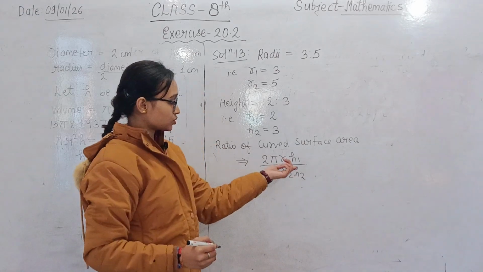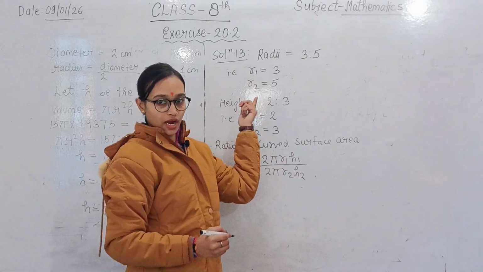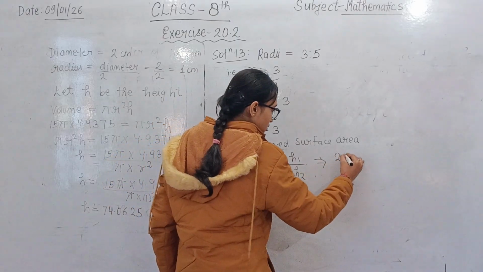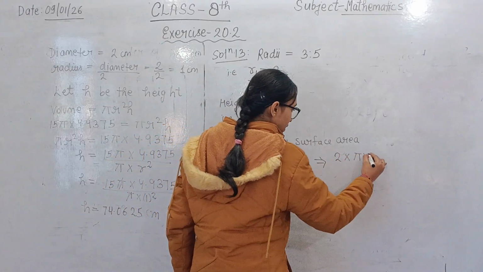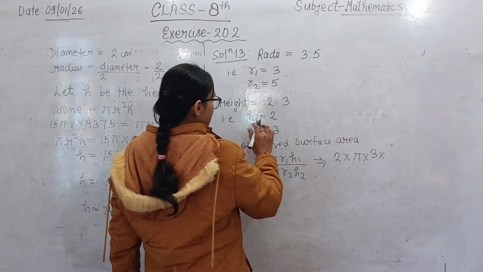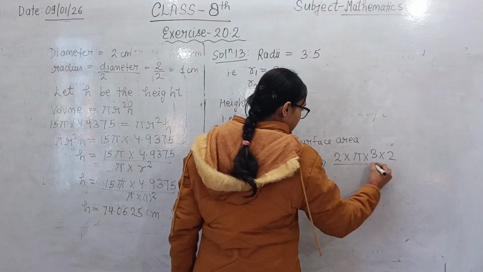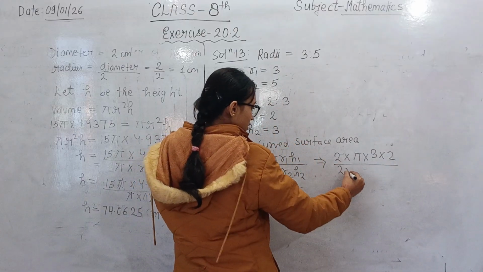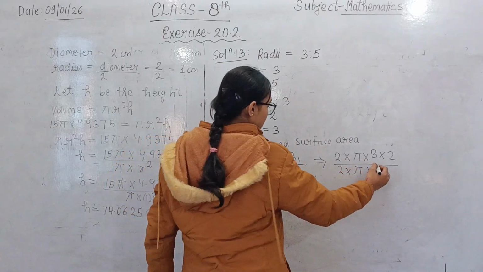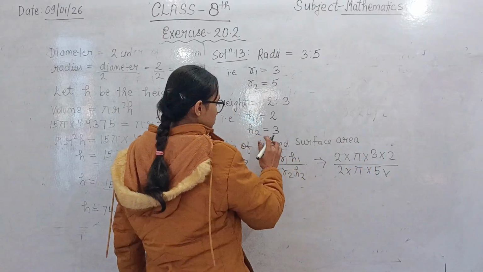So we don't get confused, we have named it as R1, R2 and H1, H2. Now we will put the values. 2 multiplied by pi multiplied by R1 we have 3, H1 we have 2, divided by 2 multiplied by pi multiplied by R2 we have 5 and H2 we have 3.